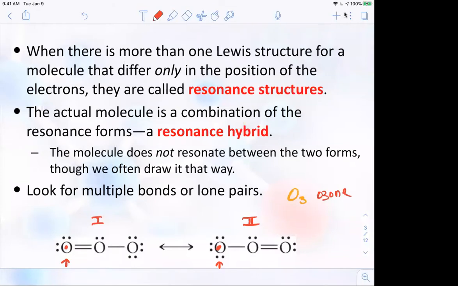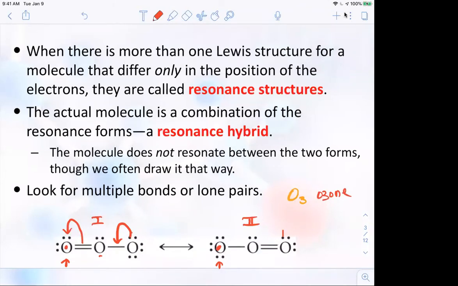If I look at this lone pair, in order to get from 1 to 2, I could put this in and make this double bond, but because that would violate the octet rule on this oxygen, these electrons have to come out.